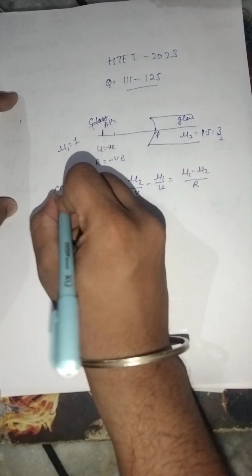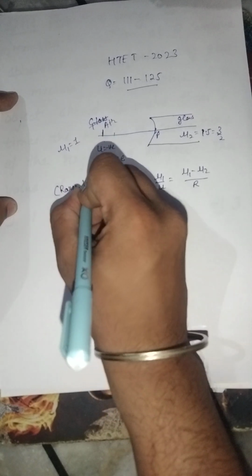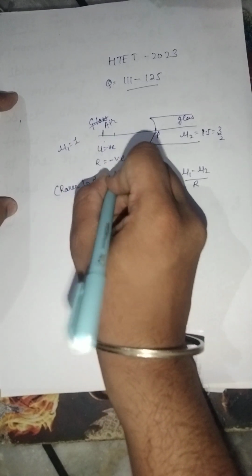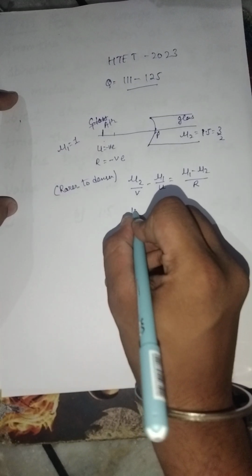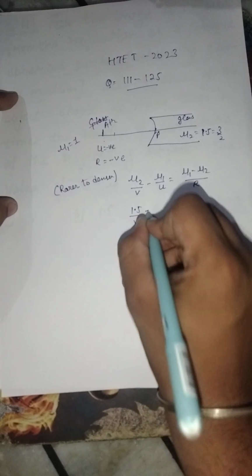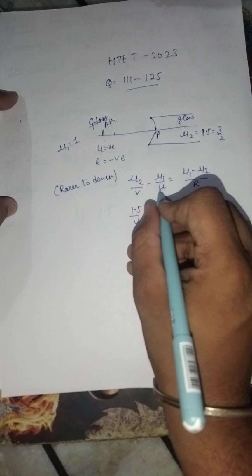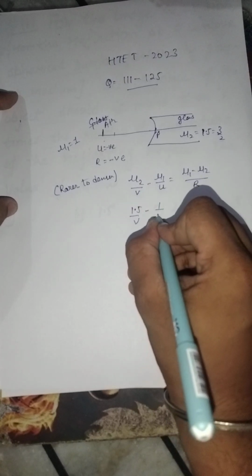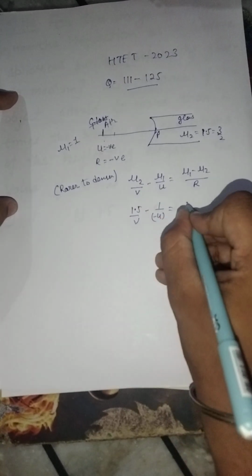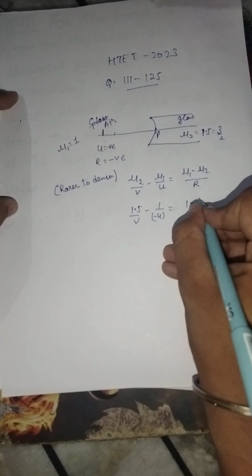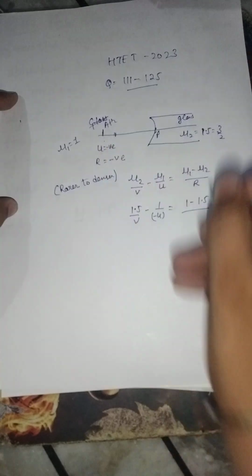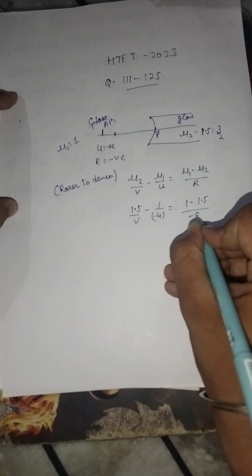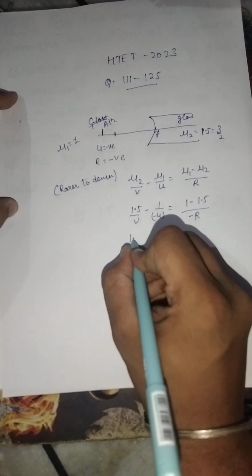This is the formula when light goes from rarer to denser. Mu2 has value 1.5, mu1 has value 1, and u has value minus u. Mu1 minus mu2 is 1 minus 1.5. The radius of curvature is also on this side, so due to Cartesian convention its value is minus r.